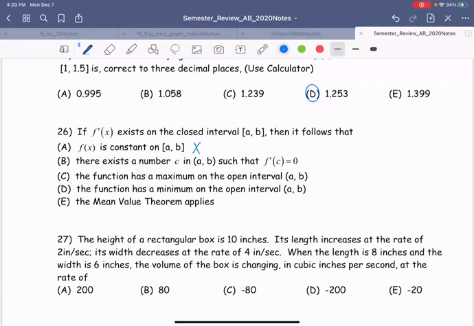There must exist a number c so that f prime of c, no. You didn't see f of a equals f of b, right? So there's no such conclusion. C, the function has a maximum on the open interval. B, the function has a minimum.